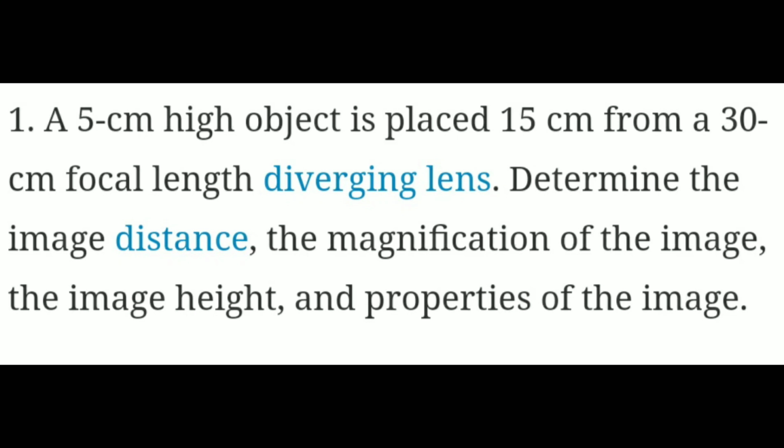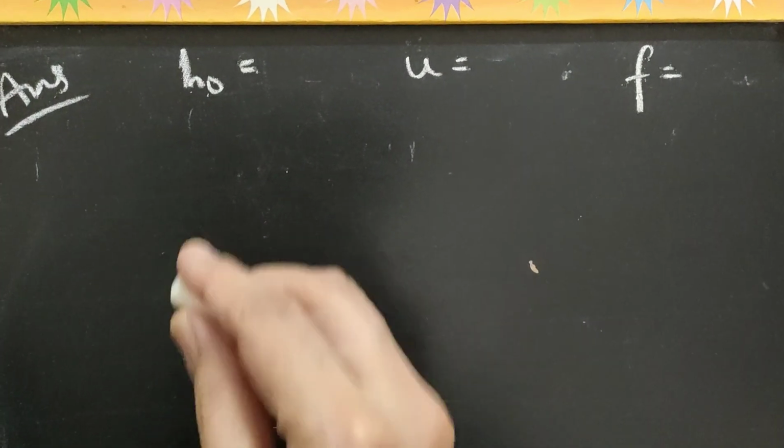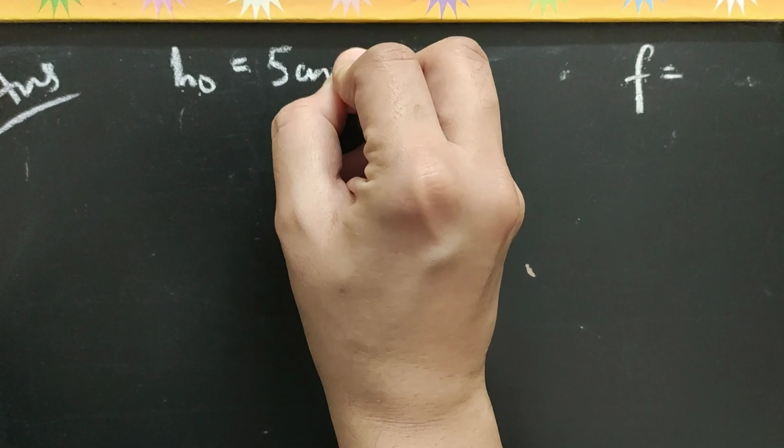Next question says, a 5 centimeter high object is placed 15 centimeter from a 30 centimeter focal length diverging lens. You have to determine the image distance, magnification, image height, and the properties of the image, that is nature of the image. So in this question, the height of the object is given as 5 centimeter.